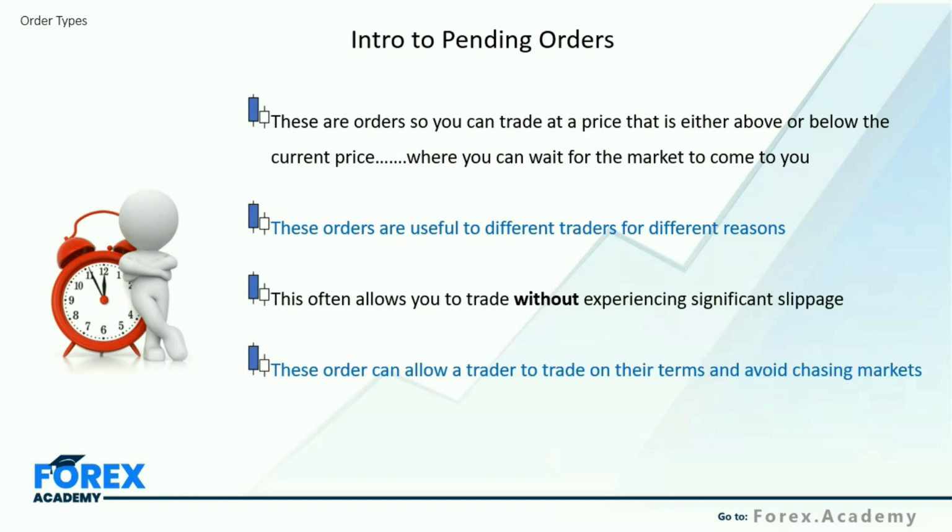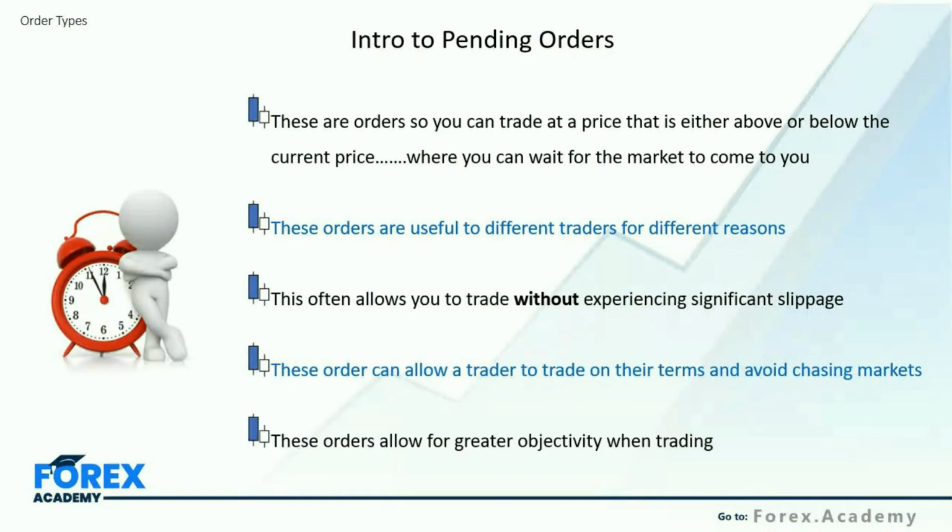So these orders can allow a trader to trade on their terms and avoid chasing markets. Knowing which markets you want to trade and which direction you want to trade them is a very important skill to develop. And if you know that information, you might be able to utilize your trading skill to identify particular areas that you would like to either be buying a market at a certain area or selling a market at a certain area, and pending orders can be used to facilitate that.